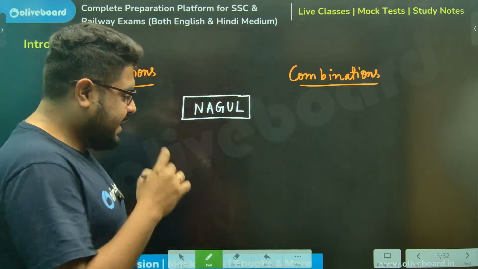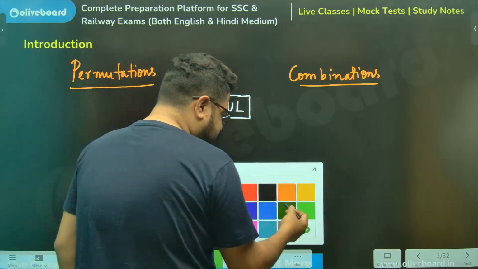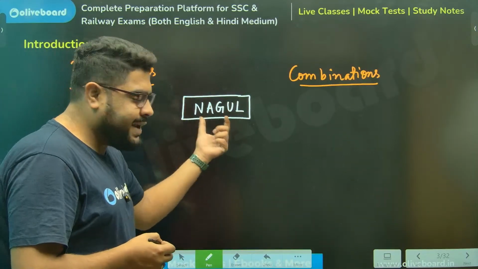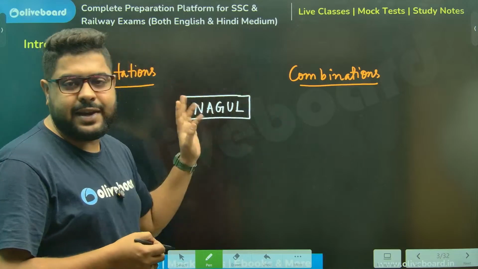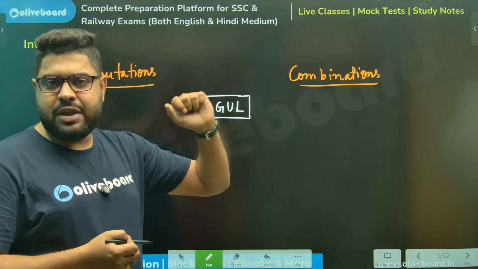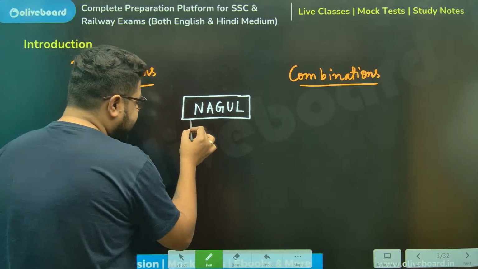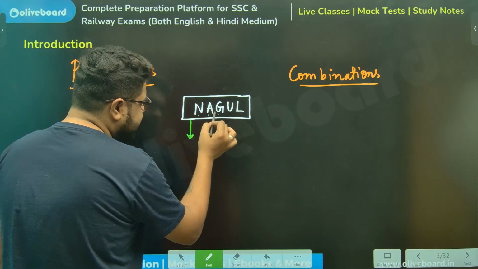Now please understand, I am saying pick 3 letters out of these 5 letters. Nagul's name has 5 letters. So pick three letters out of this. Someone will say, sir, N-A-G I'll take.